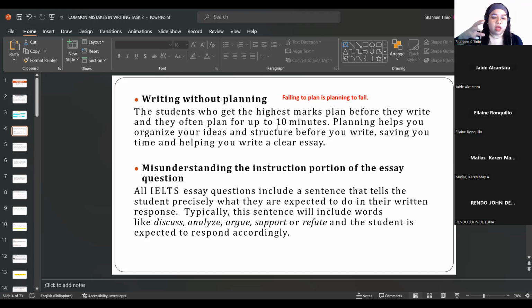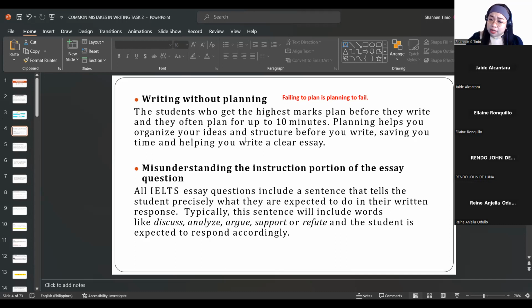Because most execution of tasks succeed through thorough planning. So if you are going to give time in planning, you are most likely to create a successful composition.